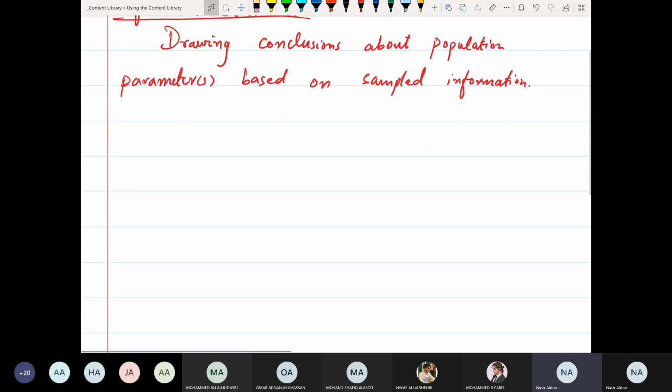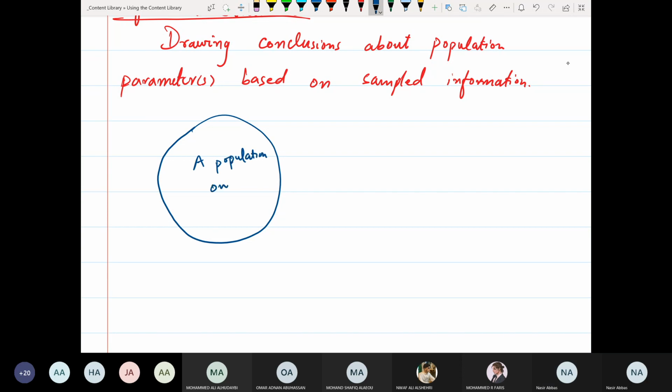So let us have a population on a random variable, let us say X. In this population you have a finite or maybe infinite number of values of X, capital N. Now this population is explained by a probability distribution model, f of x.